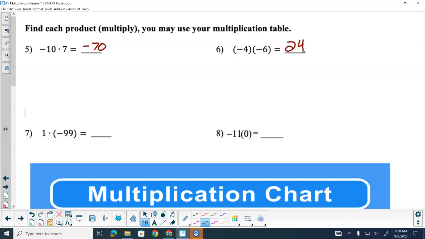Because the signs are different, right? Yeah, signs are different, so it's going to be negative 99. Negative 11 times 0. 0. Why? Because we're multiplying by 0. Yeah, bingo. Good times.